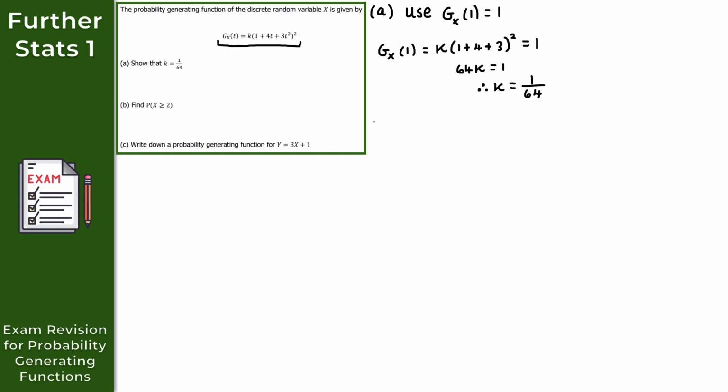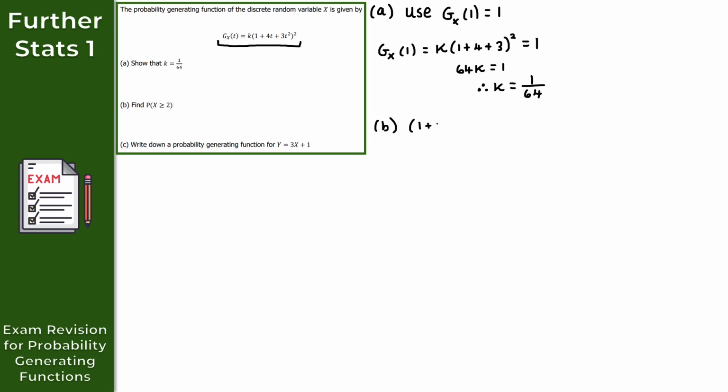Now for part B then. For part B here, it asks us to find the probability that our random variable x is greater than or equal to 2. So to do part B, what we actually need to do is expand this bracket here. This bracket is squared, right? So to evaluate this probability, as we mentioned, we need to find the full expansion. So let's find the expansion of this bracket squared.